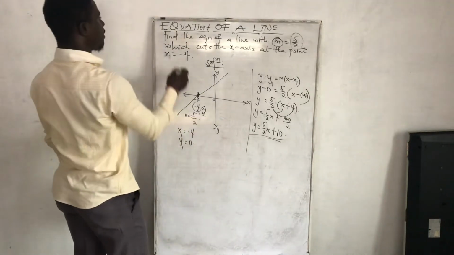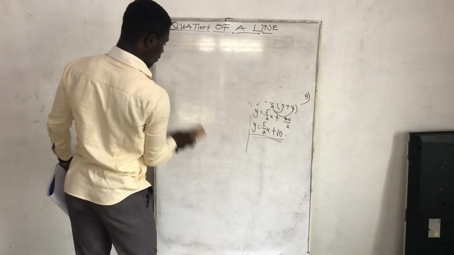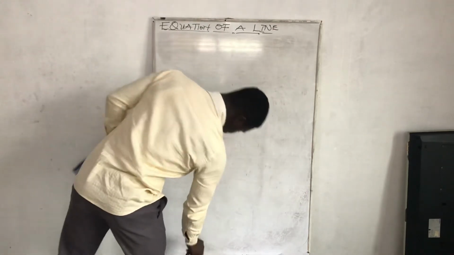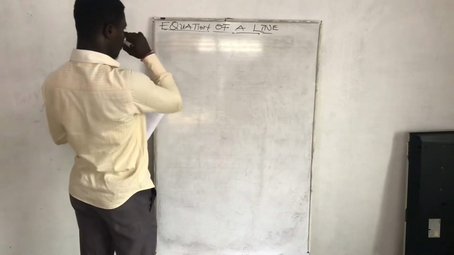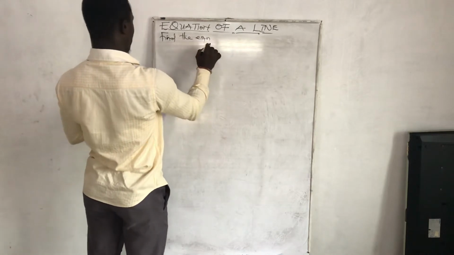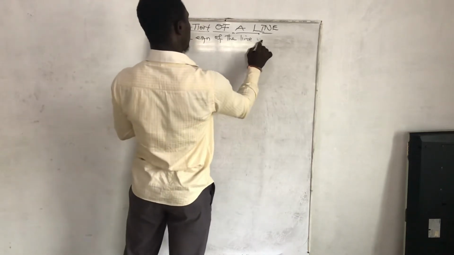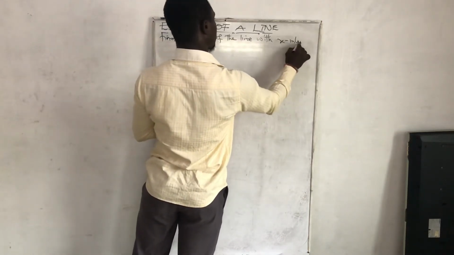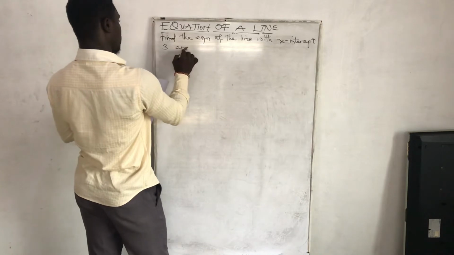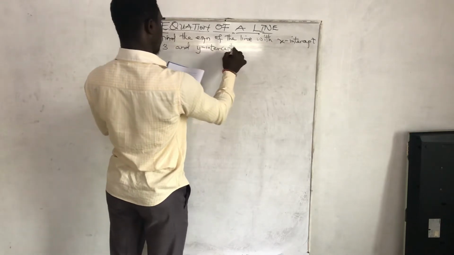Alright, so let's see this question. Find the equation of the line with x-intercept 3 and y-intercept -5.